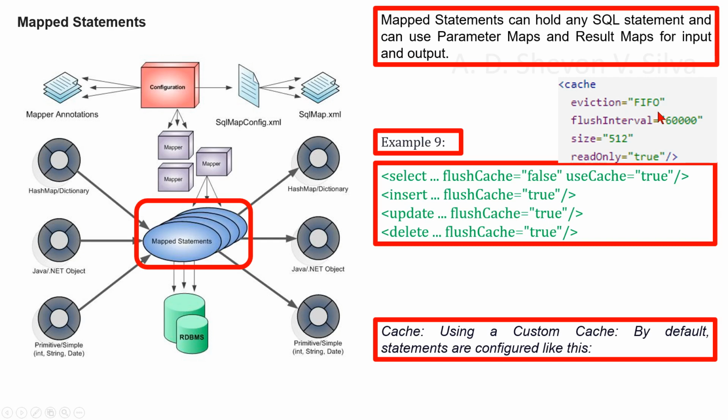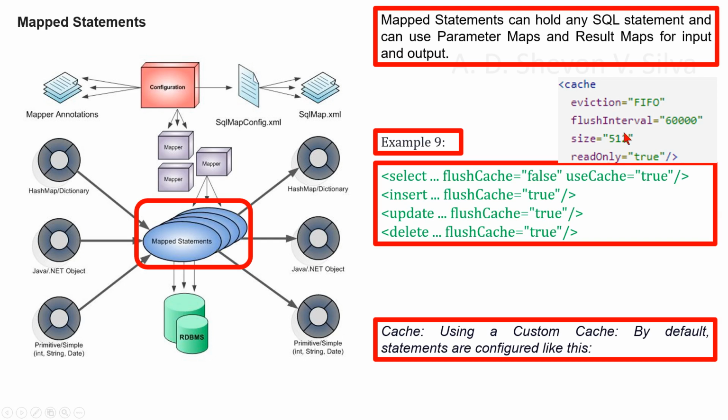FIFO, first in first out, removes objects in the order that they entered the cache. Soft reference removes objects based on the garbage collector state and the rules of soft references. Weak reference more aggressively removes objects based on the garbage collector state and the rules of weak references. Default is LRU.